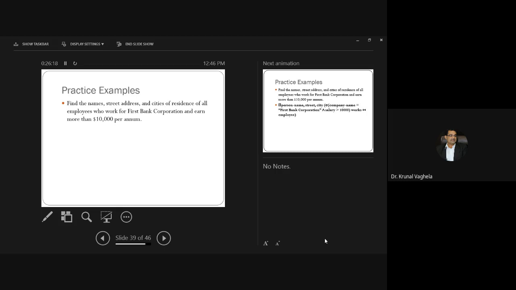So you will want name, street address, and cities of all residents of all employees who work for First Bank Corporation and earn more than 10,000 USD.